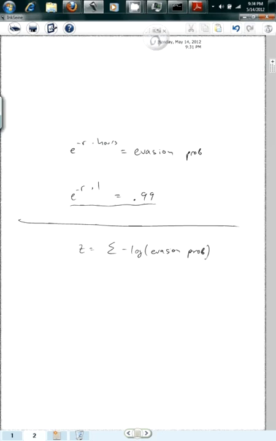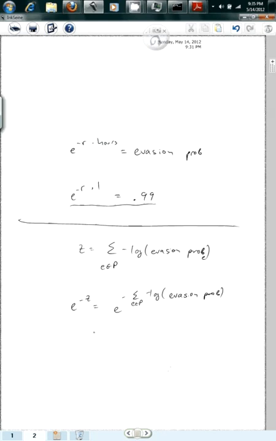And what we want to do is find the evasion probability over the whole path. So z is just the sum over all edges e in the path of minus log of the evasion probability on that edge. If we do e to the minus z, we get e to the minus the sum over all edges in the path of minus log of the evasion probability. Then these negatives cancel.